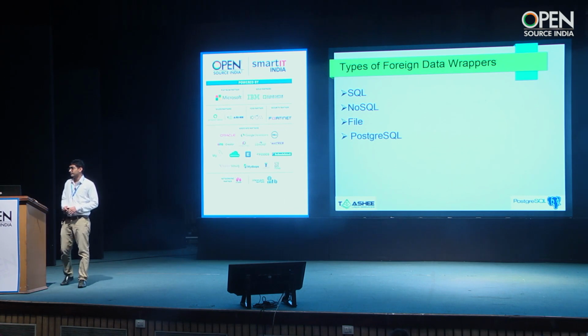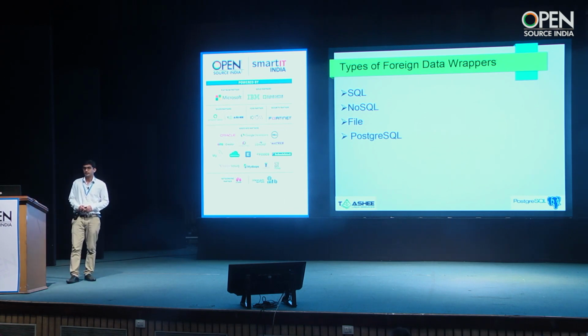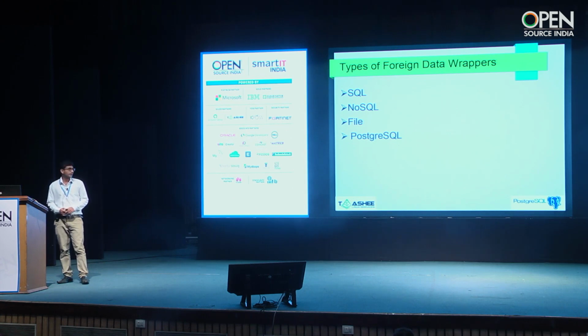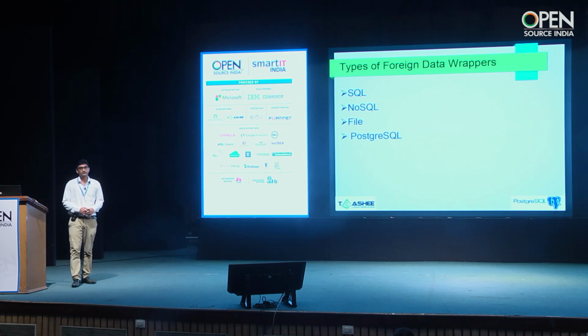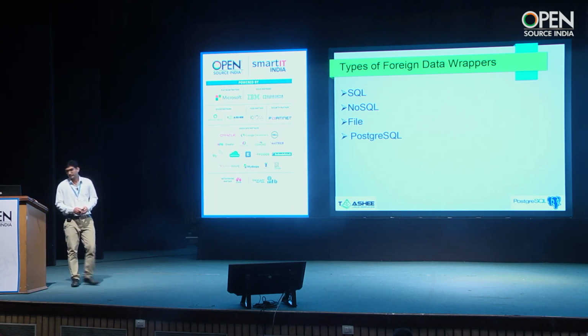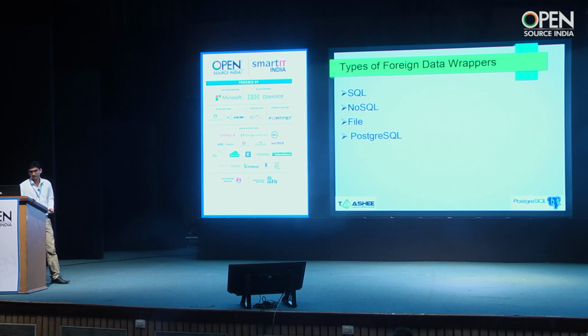File data wrappers come with different file extensions, which is XML files, CSV files. You can even talk to JSON format files. Last, the Postgres foreign data wrappers, which has a feature using which you can connect to the remote Postgres instance, and you can access the data.